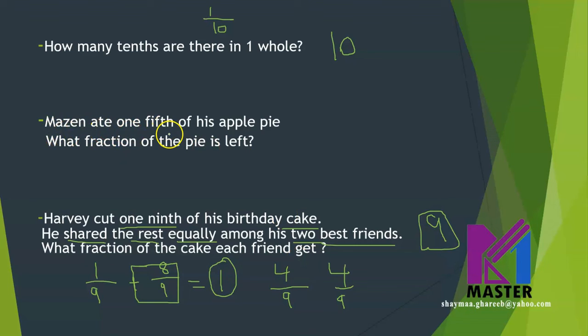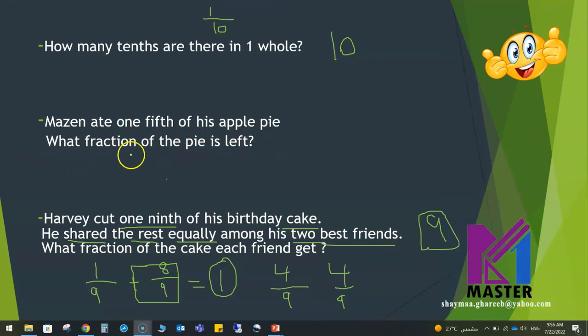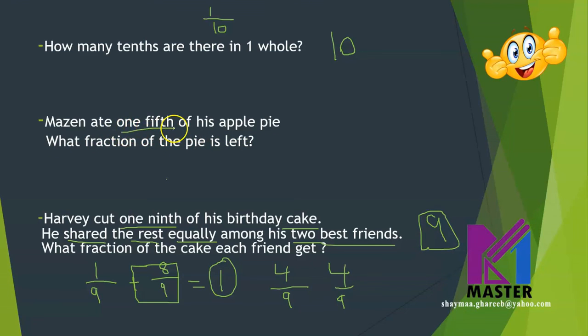Mazen ate 1/5 of his apple pie. What fraction of the pie is left? So he ate 1/5. What did he eat? 1 part out of 5 parts, and he has only 1 pie. So the total number of parts is 5, and he ate only 1 part out of 5 parts.